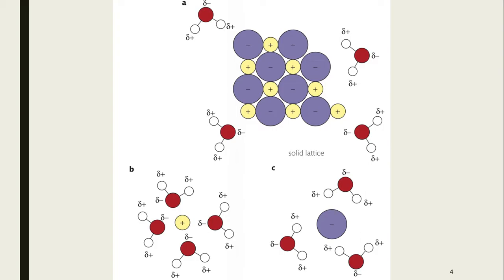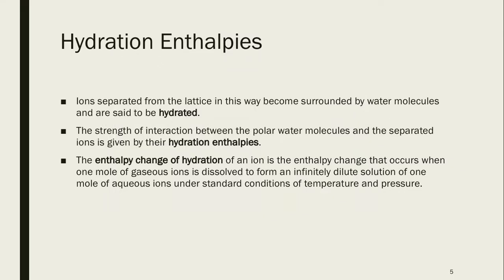Because of this attraction, they may dislodge those ions, and the solid ionic lattice structure will break apart. Ions separated from the lattice in this way become surrounded by water molecules and are said to be hydrated.